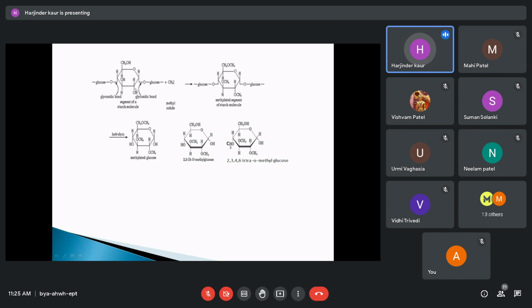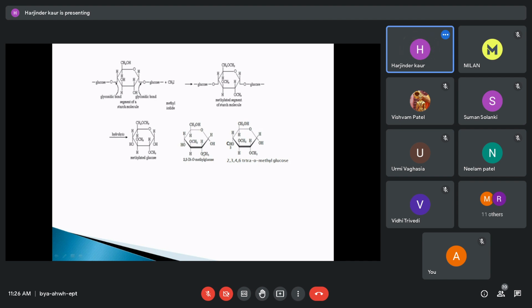Now if I do methylation and then hydrolysis, supposing it is a chain where every 1,4 is attached, what are the things that I find? The monomer that I get is 2,3,6 trimethyl. Besides that, I get a small amount of 2,3,4,6 tetra-O-methyl and a very, very little amount of 2,3 di-O-methyl.